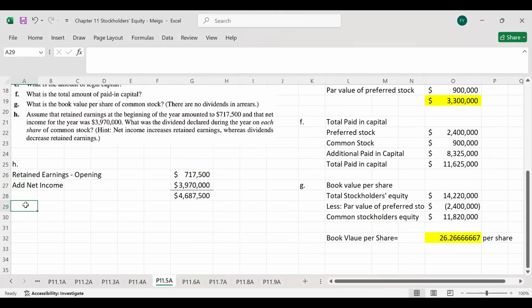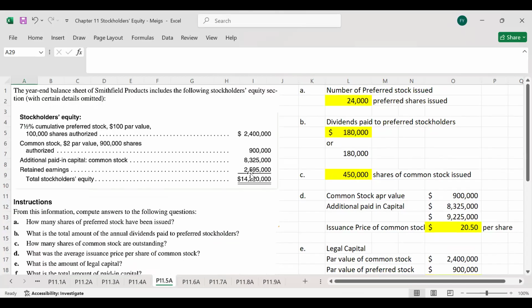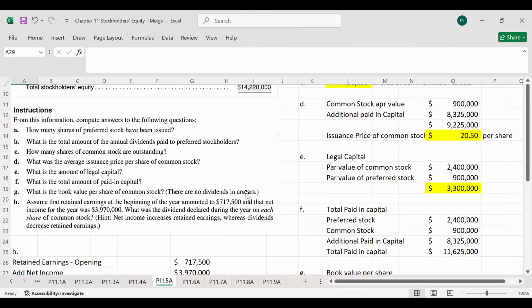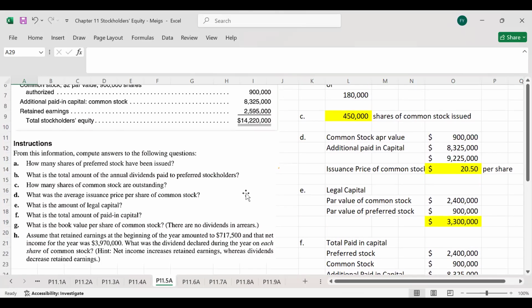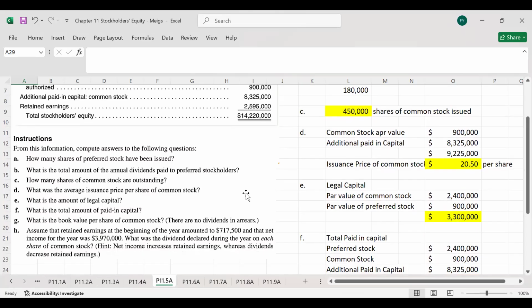Now, we have retained earnings at the end of the year, and we can see that it is mentioned here. The difference between these two is basically the total amount of dividends paid during the year, and this total amount represents the dividends on preferred stock as well as common stock. But in the requirement, only the common stock dividend is required.